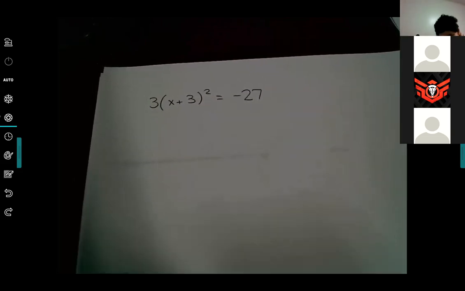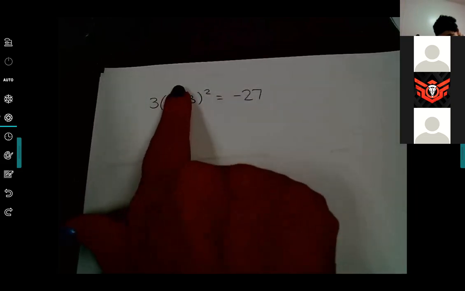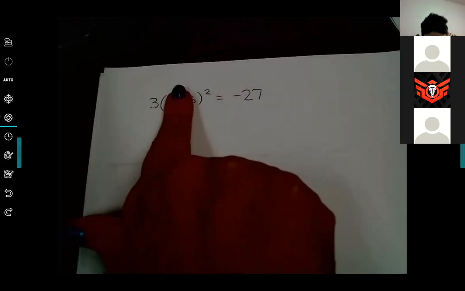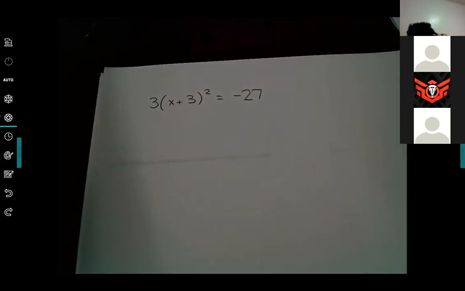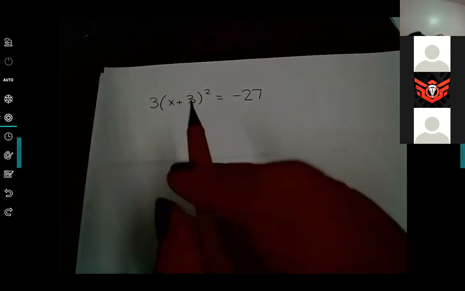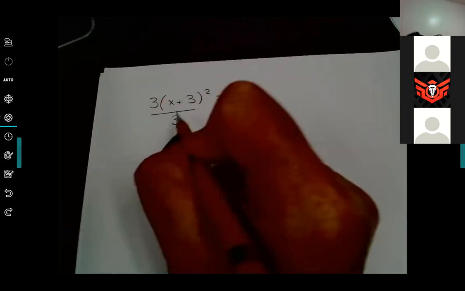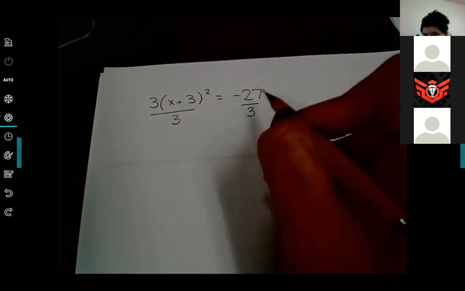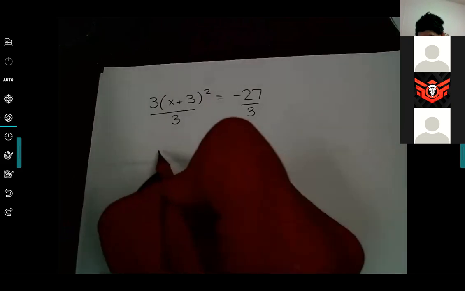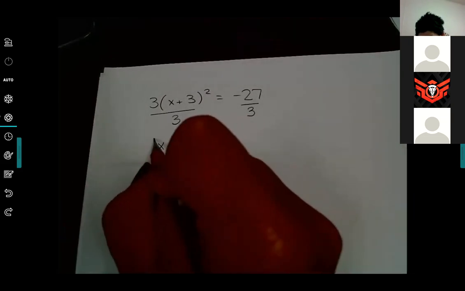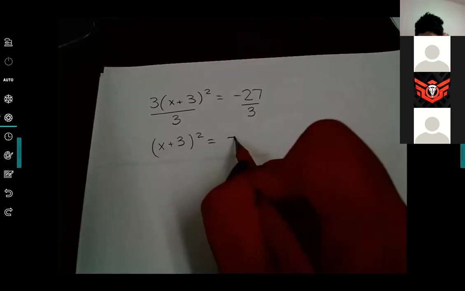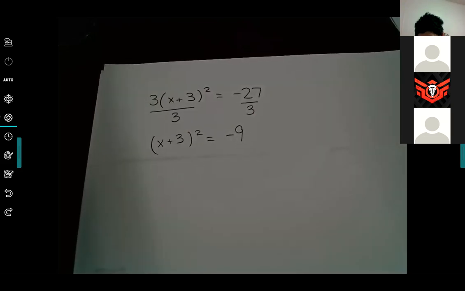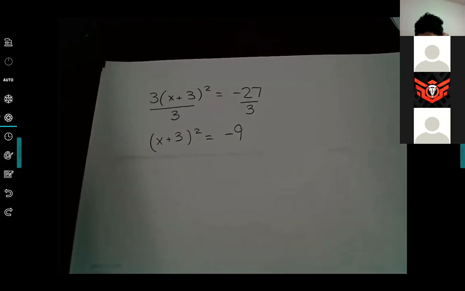Divide by 3. Divide everything by 3. Guys, when you see something squared, there's not just an X piece running around somewhere, then you know that ultimately you're going to do a square root to each side. But Derek says to do that first, I got to divide by 3. Does everybody see that? Now what?